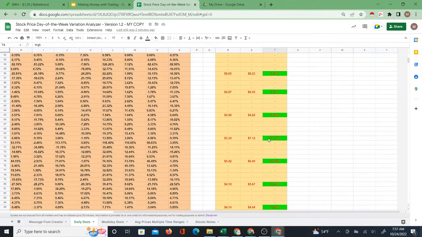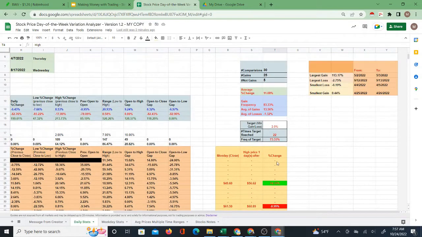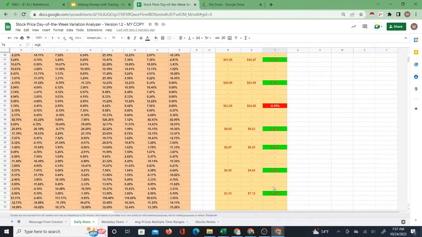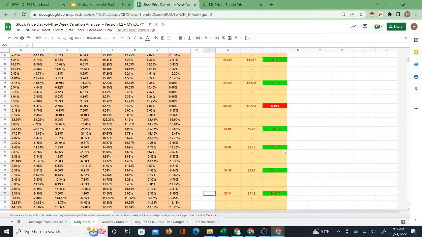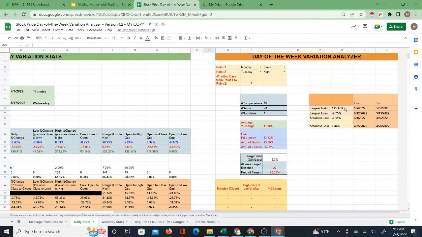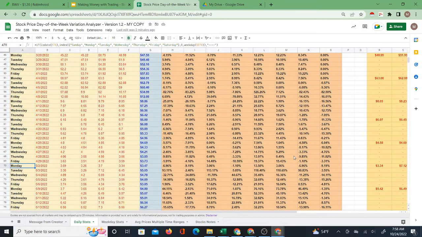And we have some, look, 113 is the max. All right, very large gain. Okay, so imagine having bought this on this day. Let's see what day that was. And it actually tells you right here. It was May 2nd to May 3rd. So imagine May 2nd, just use your imagination.